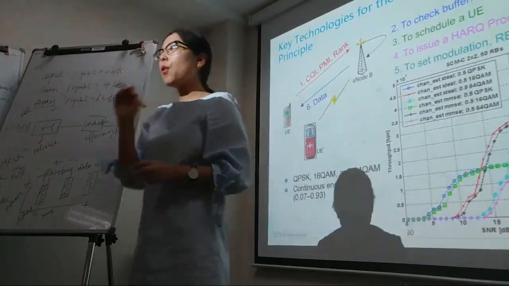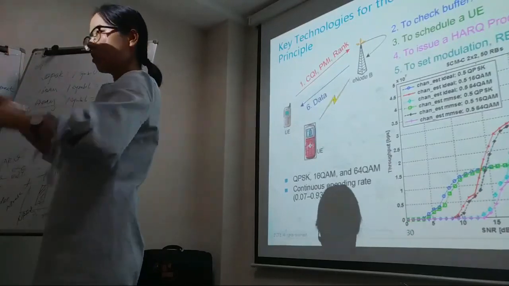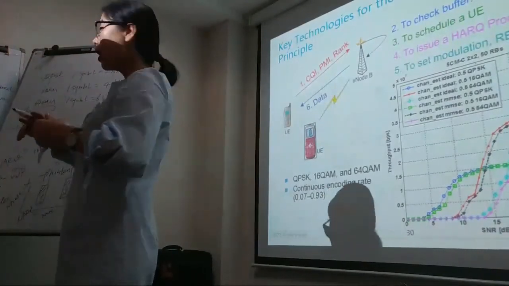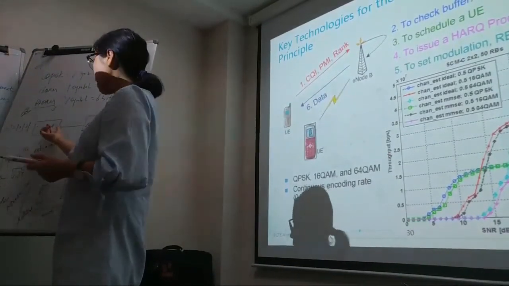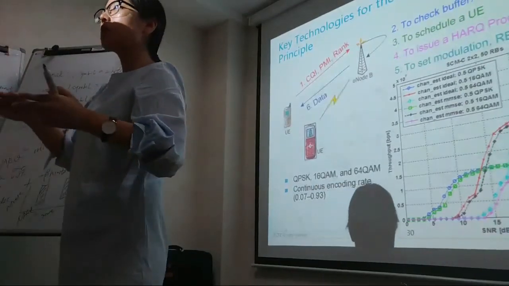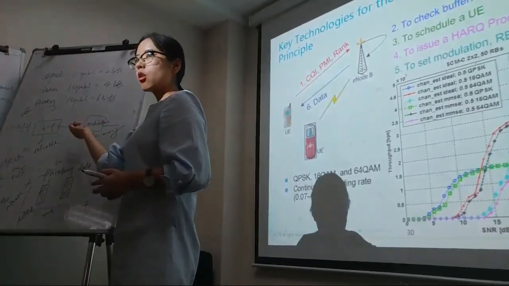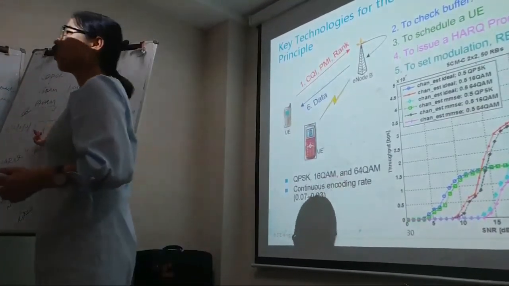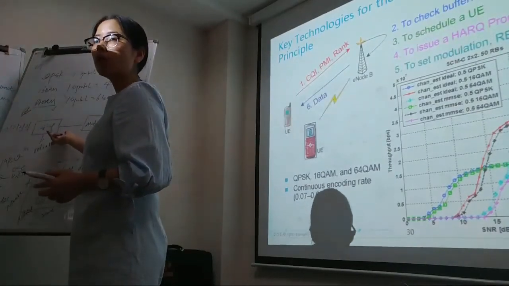So if we use a higher modulation, that means the channel quality is good. Then here I can also enhance efficiency. I can add less redundancy. But if the channel quality is bad, the modulation uses a low level, and also the coding rate is low.